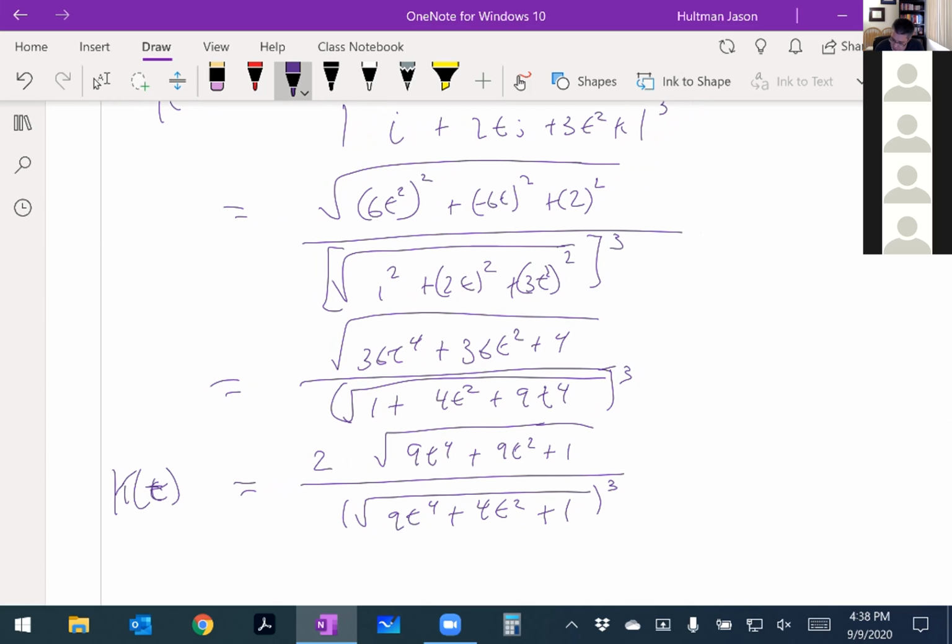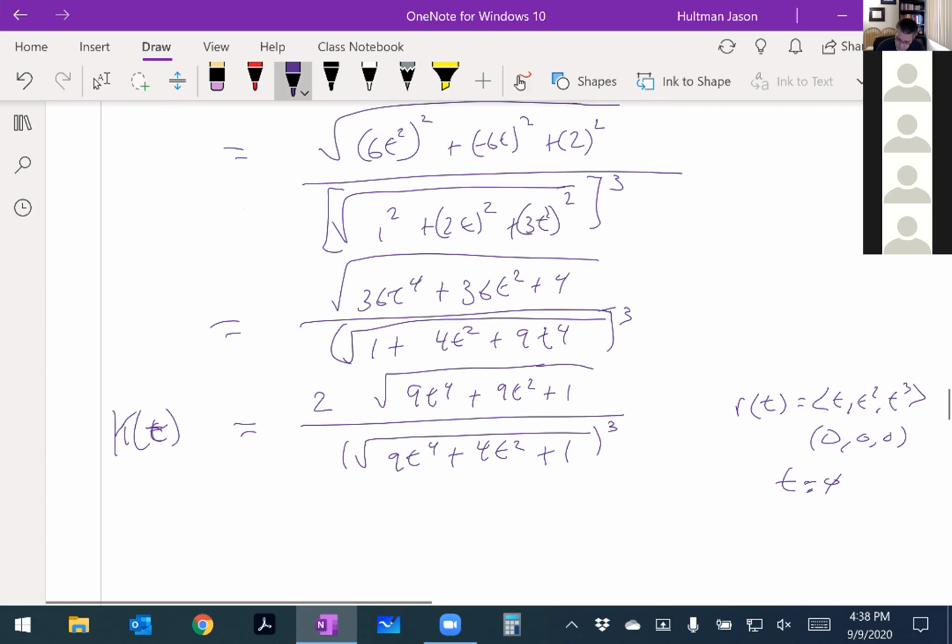Why? Because the original vector was t, t squared, and t cubed, and we wanted to know what's the curvature at 0, 0, 0? That means all these t's would have had to be zeros. So basically we're asking at t equals 0, what is the curvature?